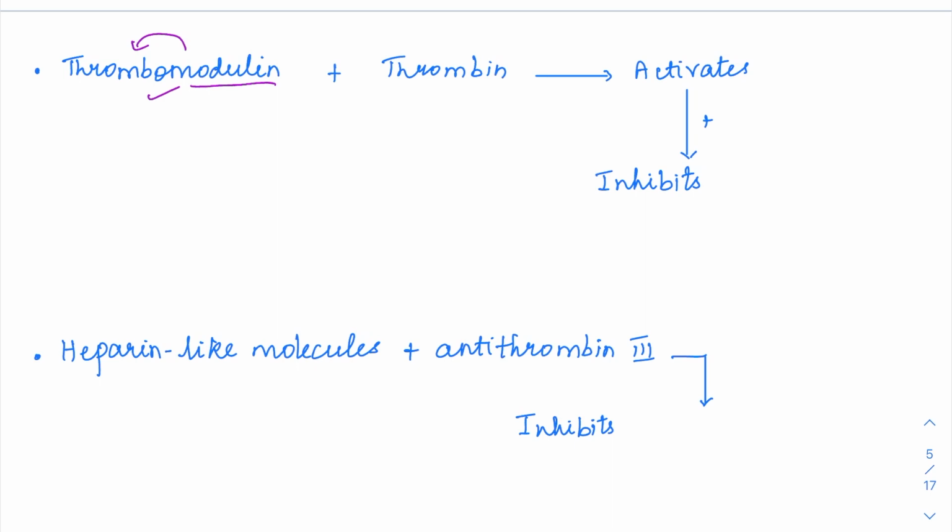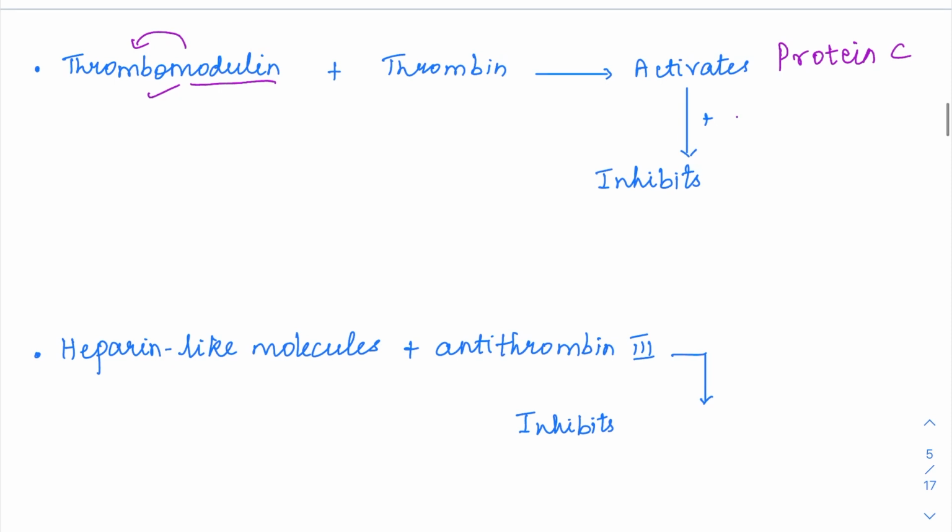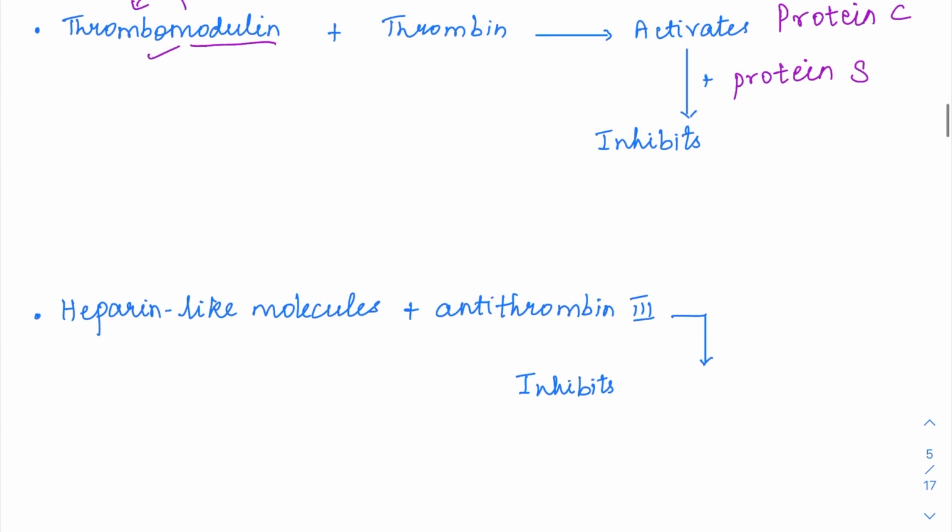So this thrombomodulin is going to interact with the thrombin, and it is going to activate an anticoagulant protein called protein C. For the action of protein C, we need a specific cofactor which is called protein S. So protein C and protein S are going to be recruited and activated, and together they are going to inhibit activated factor 5A and activated factor 8A.